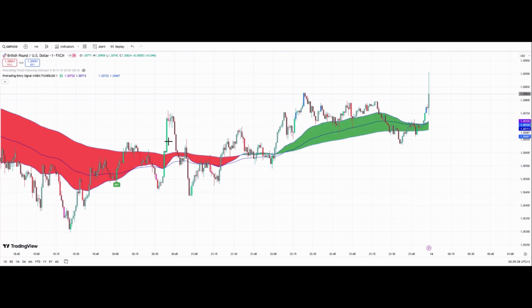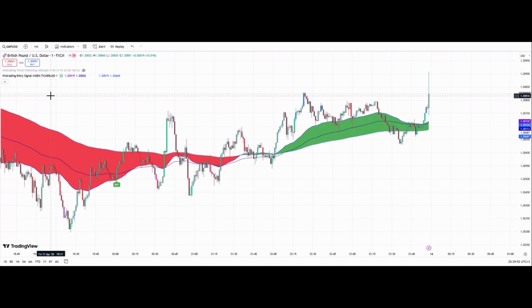In today's video, I'm going to be sharing another exciting strategy with this indicator which we have on the chart. And this indicator is something very straightforward and very simple and easy to use.